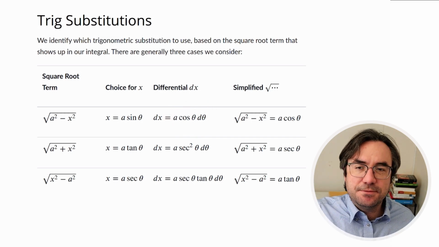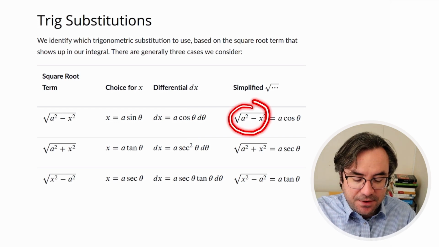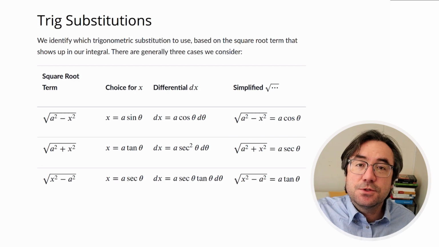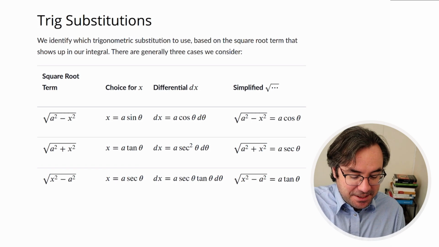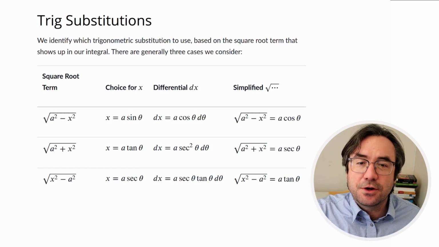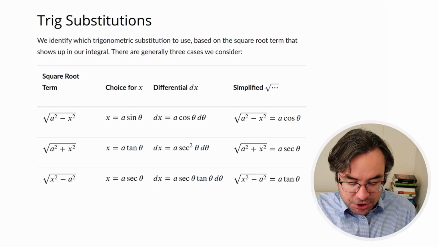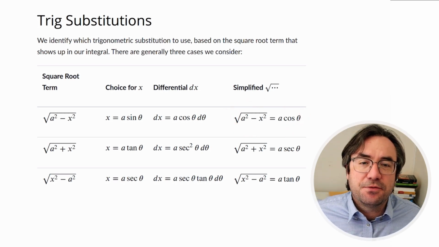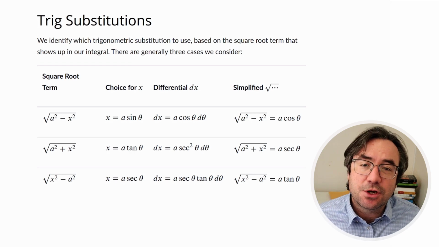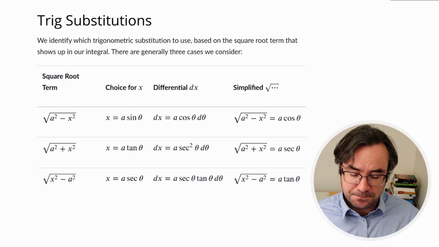Where this technique is going to shine is we're able to simplify this square root term so that we don't have a square root term. This part involves our trig identities. For this first one, let's show how this square root term simplifies to just a times cosine theta if this is our choice for x.